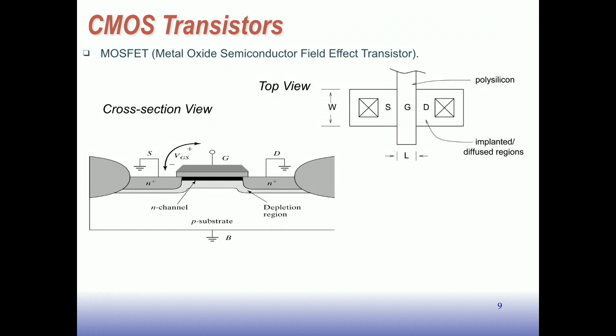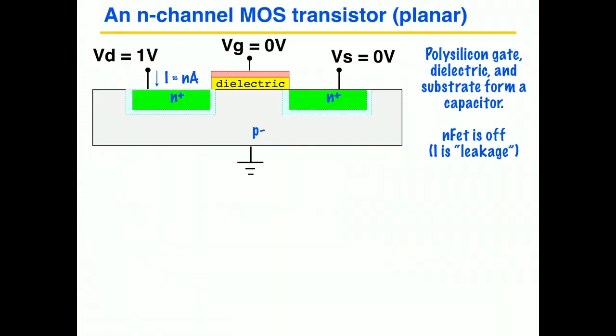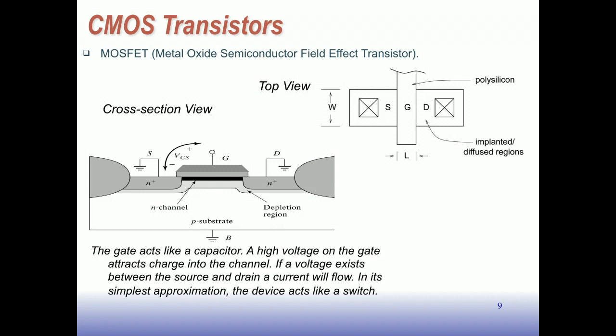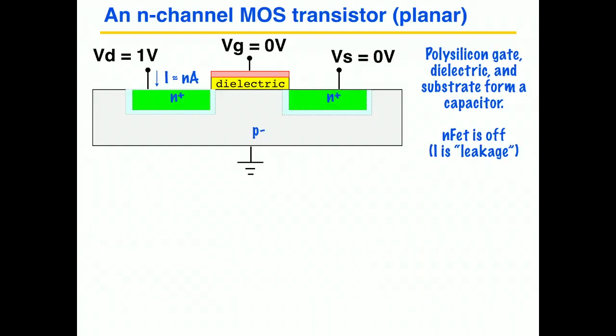Now, the way these things work, let me show you on this picture, which is a little easier to see. We've got a drain here. And these are doped, meaning we inject ions into the surface of the silicon to change its electrical properties.